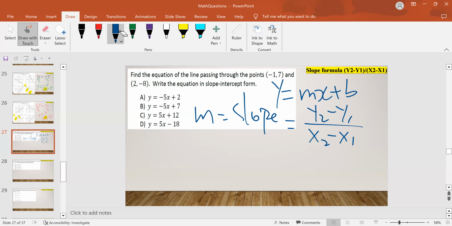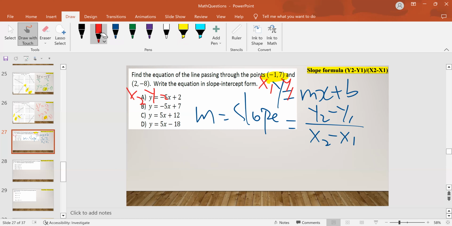So I have here (-1, 7). I will call this x1, y1, and this side x2, y2. So to find the slope m, I'm going to have y2, which is -8, minus y1, which is 7, divided by x2, which is 2, minus x1. x1 is -1.